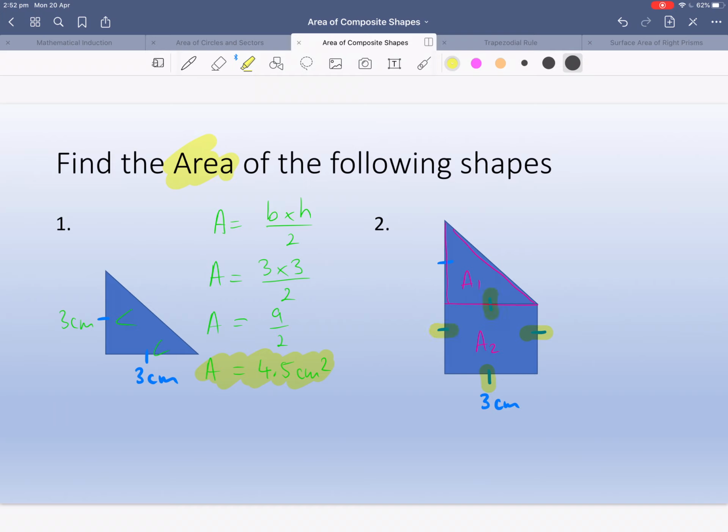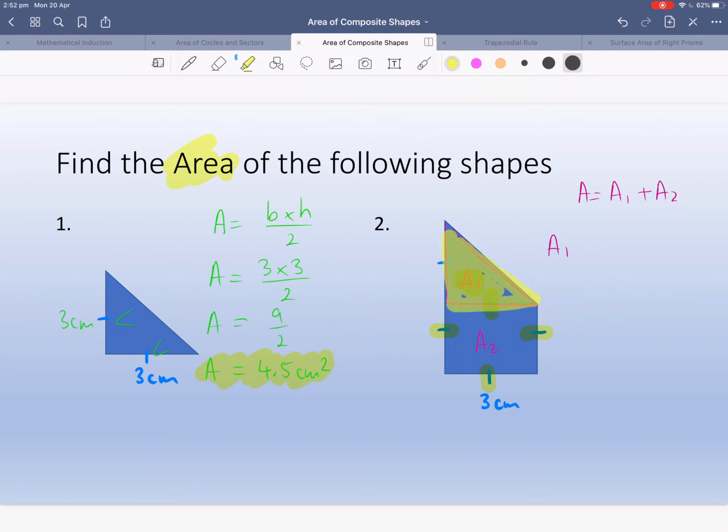So to find the area of this, I'm going to have to do 2 things. I'm going to have to go area equals area 1 plus area 2, because if I find the area of both of them, then I can figure out the area of the composite shape.